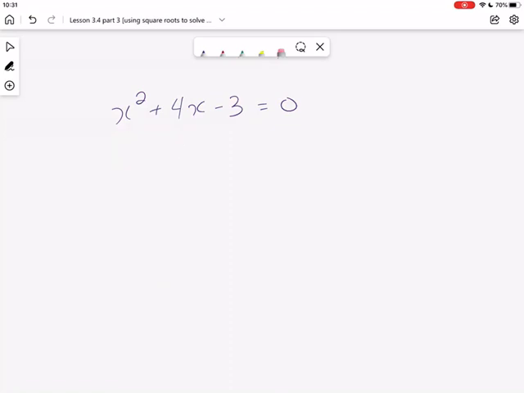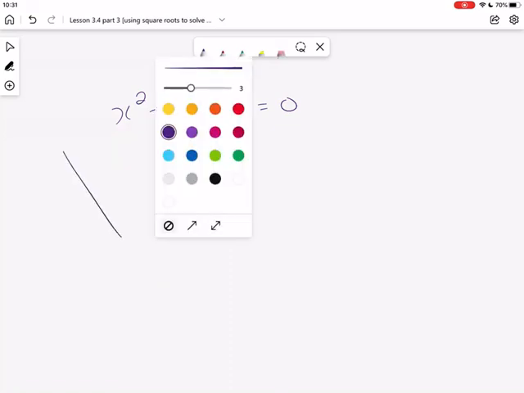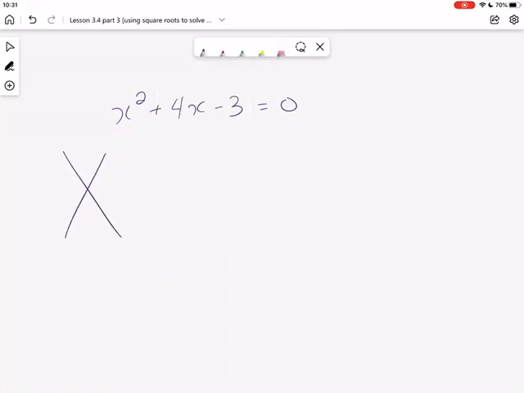However, here we have a situation where I'm looking for two numbers that multiply together to give me -3 and add together to give me 4. Okay, and what are those two numbers?